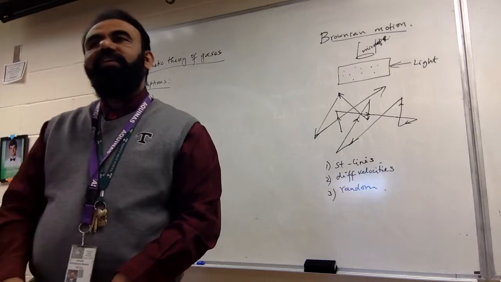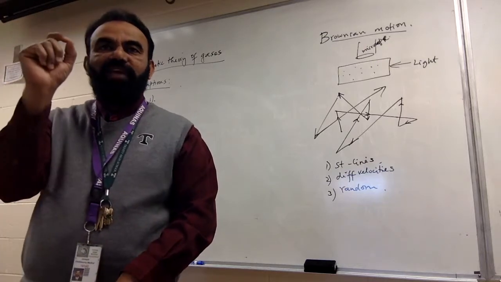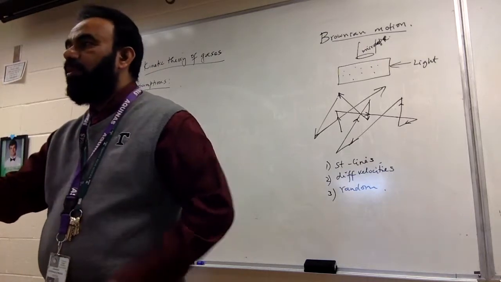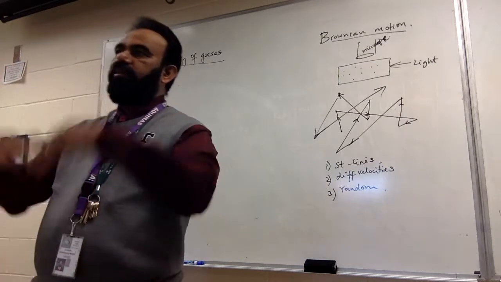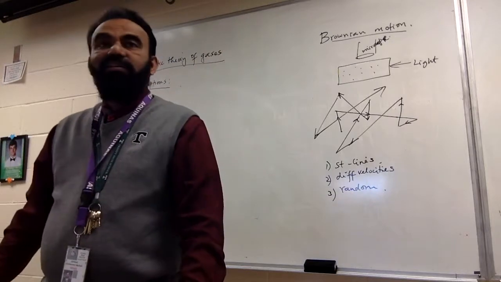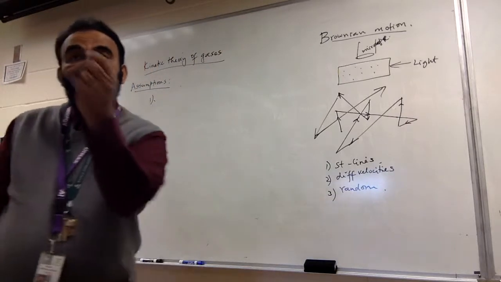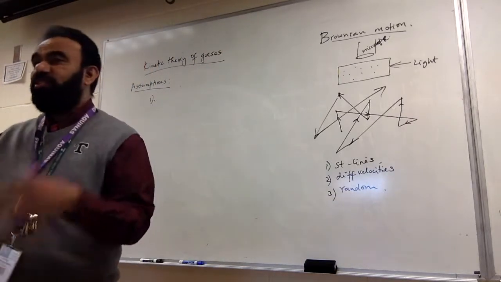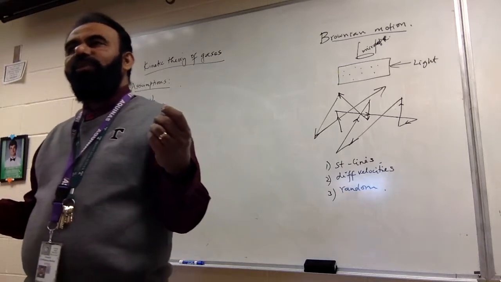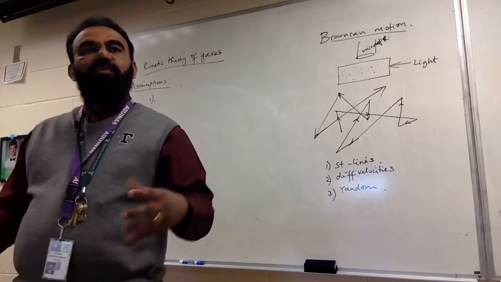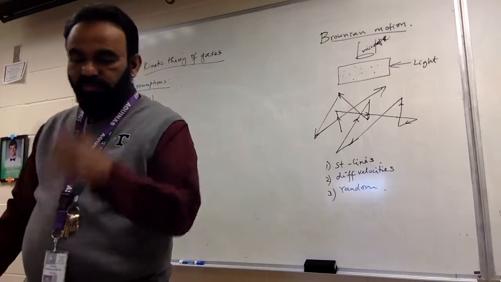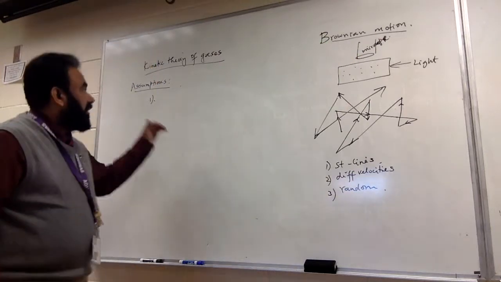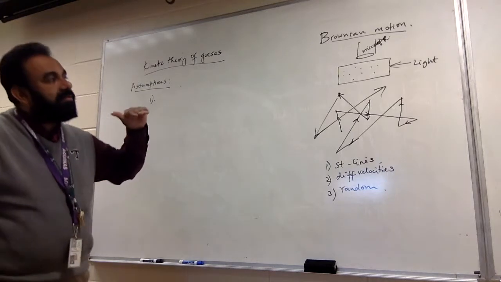Now, what we are saying here is the volume of the atoms and molecules is negligible compared to the volume of the room, which means each atom has the entire room. You understand what I'm saying? Because the atoms are tiny and spread out, they don't really occupy much volume, and therefore each atom has the entire room to move around. That's what it means.